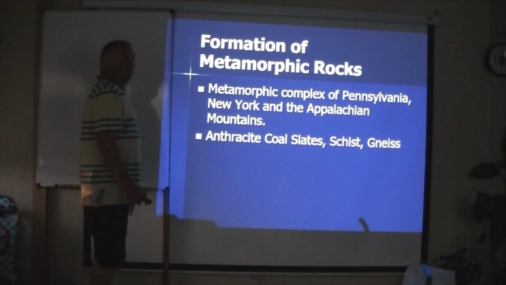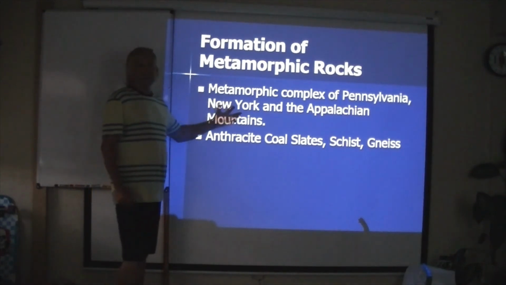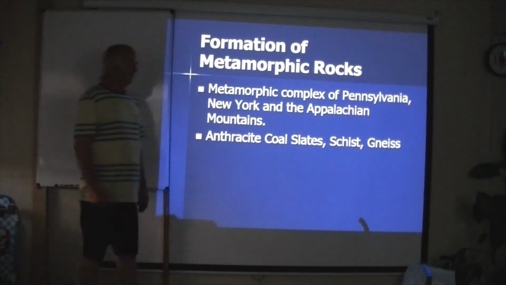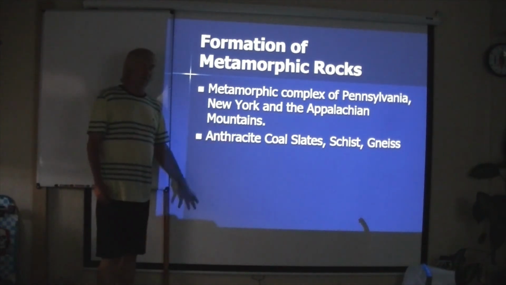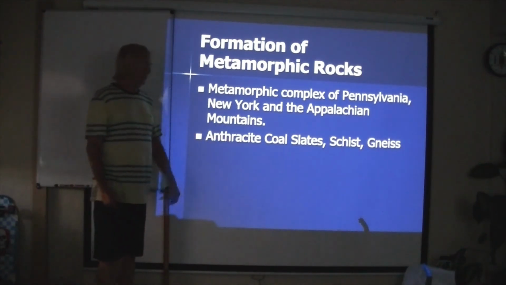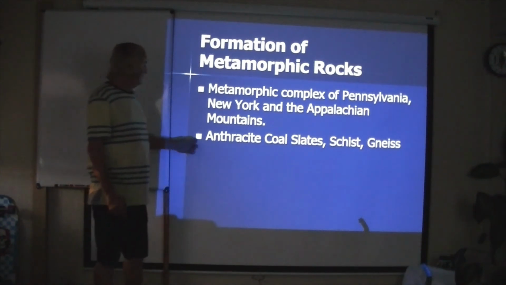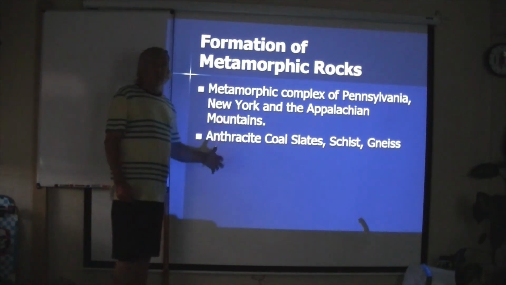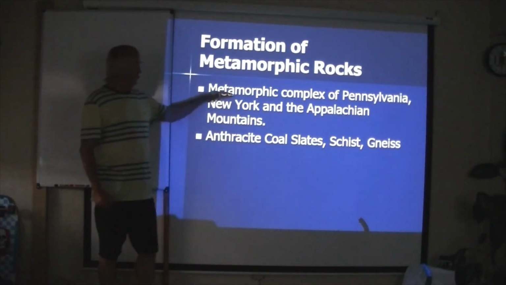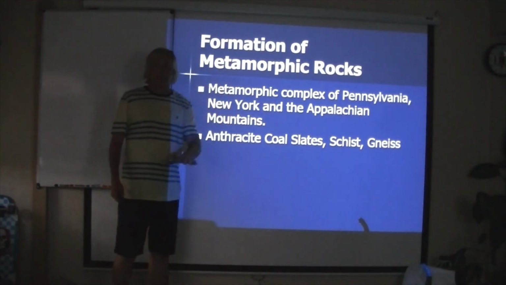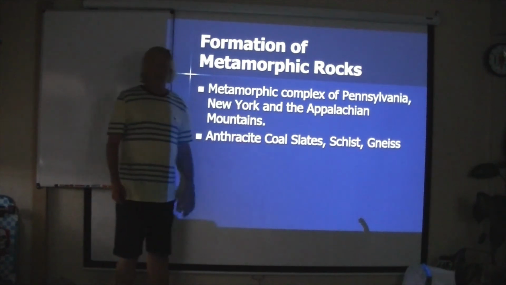So Pennsylvania has a lot of metamorphic rocks. In fact, Pennsylvania is known as the Keystone State, just like California is the Golden State. A lot of metamorphic rocks, because as Pangaea starts to form, there was a piece of oceanic plate between the African continent and the North American continent.